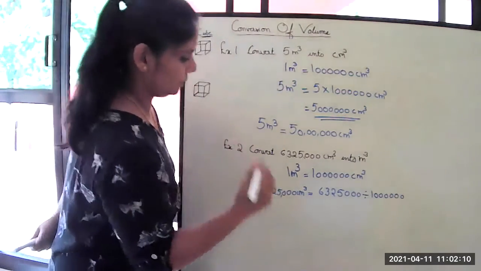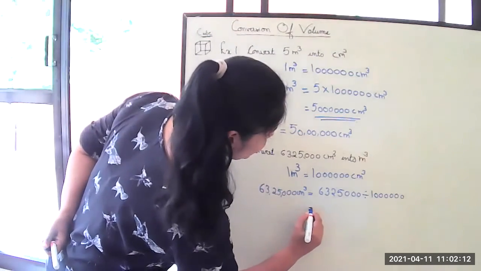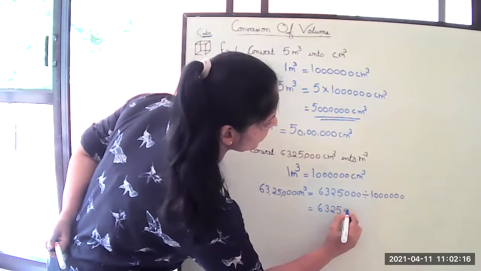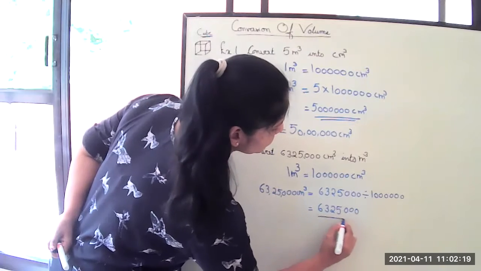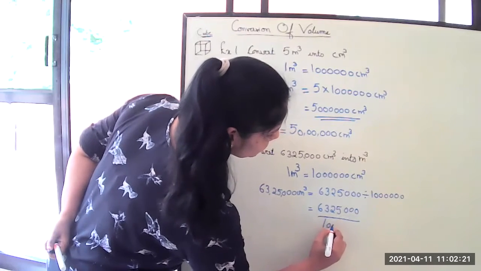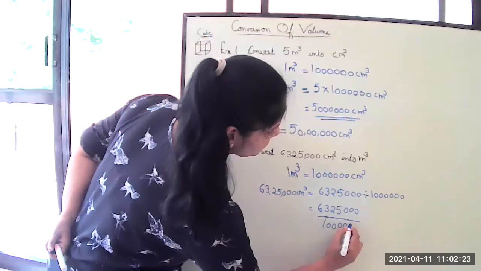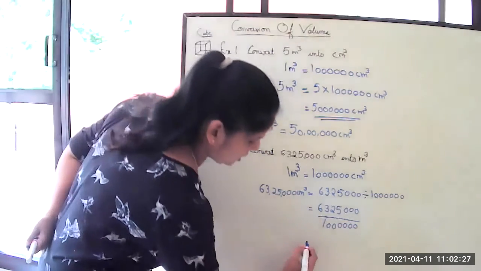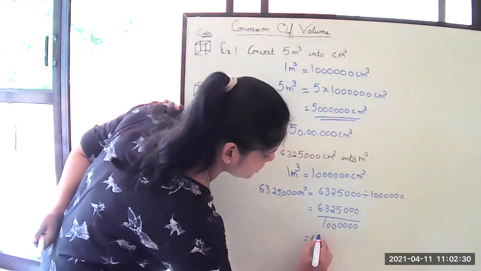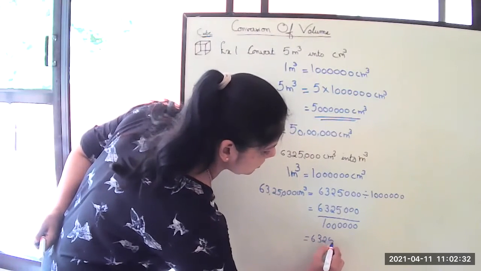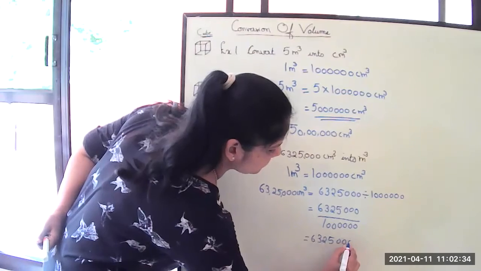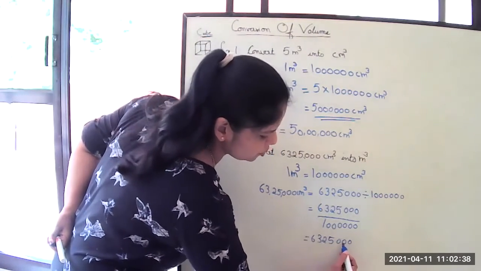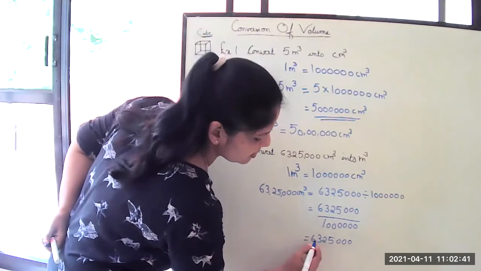Okay. Now, this is equal to 6, 3, 2, 5 and 3 zeros upon 1 and 6 zeros. That is 10 lakh. So here in the denominator, we have 6 zeros. So let us see, from your right hand side, you have to count 1, 2, 3, 4, 5, 6.